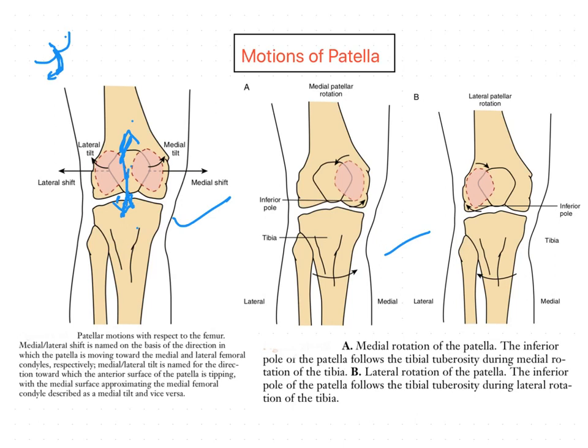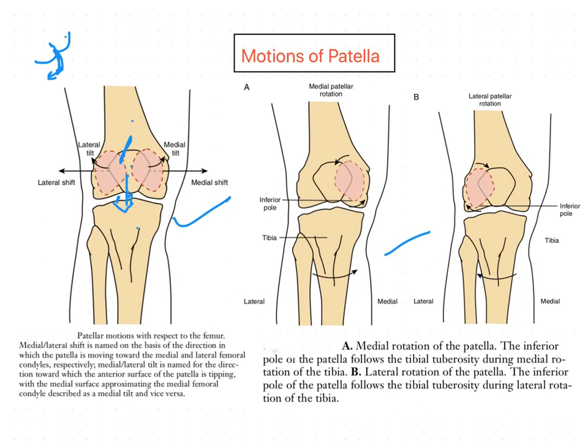This patellar motion of gliding superiorly while rotating up and around the femoral condyles is referred to as patellar extension. So these are patellar flexion and extension. Now we will see the next one, lateral and medial patellar tilts.